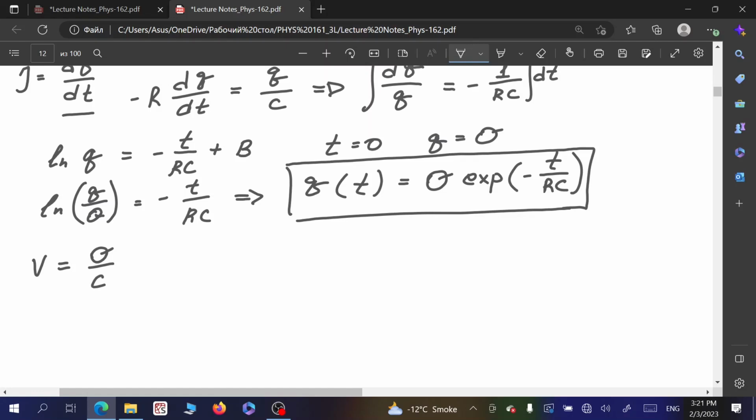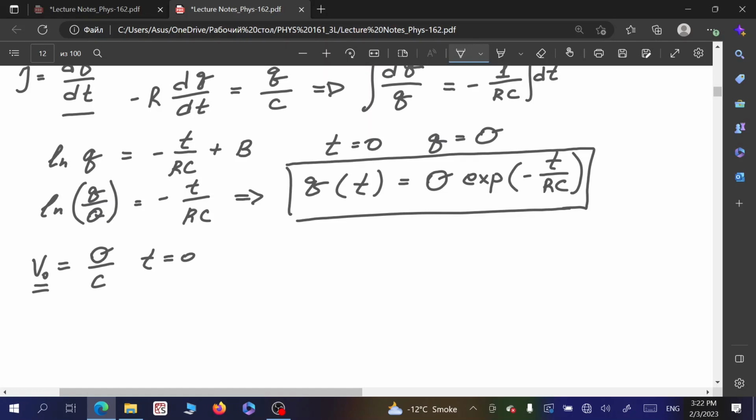Q divided by C. That will stand for the maximum potential difference, let's call it V naught, between the plates of the capacitor at t equals 0, because that corresponds to this maximum electric charge Q capital.